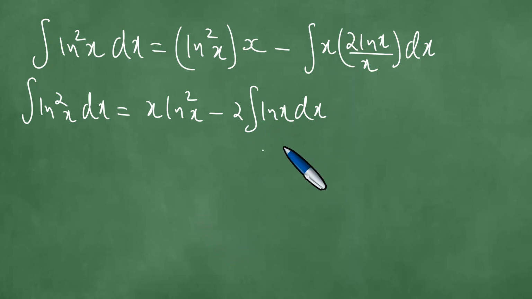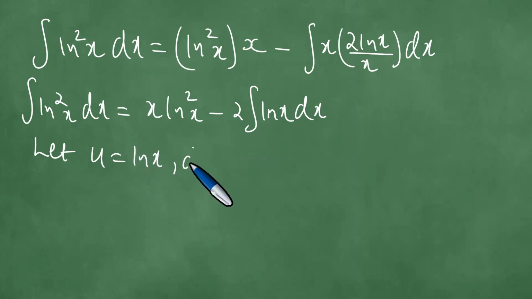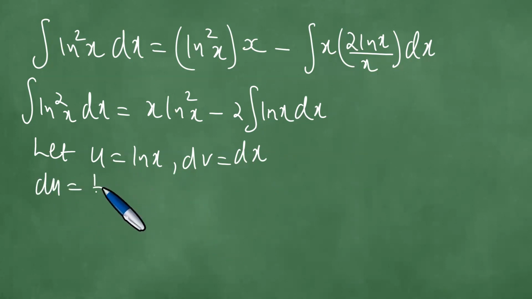Now, here we have the same thing again, so you need to use integration by parts twice. You let u be ln x. Whatever remains is dv, which is dx. Let's find the derivative: du is 1 over x dx, since the derivative of ln is 1 over x.